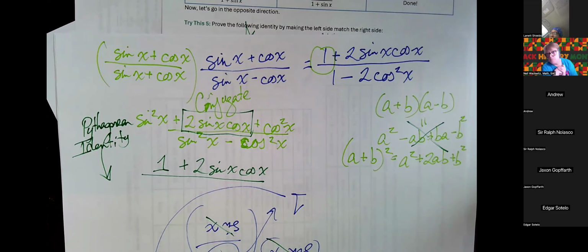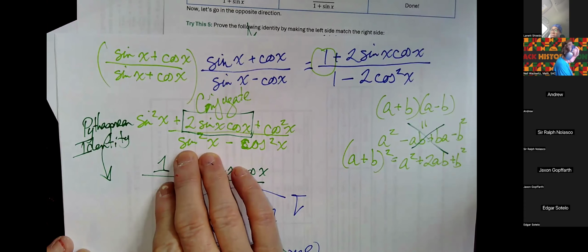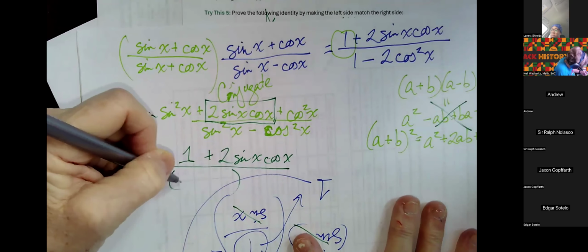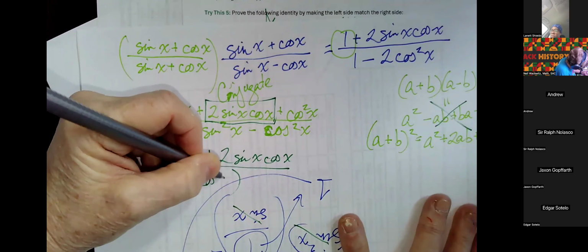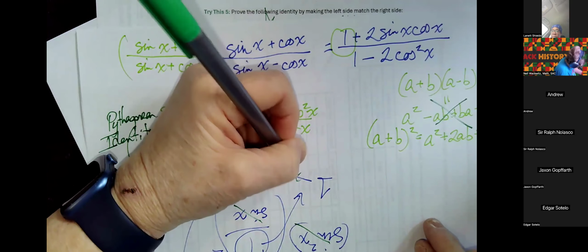So what do you think? Do we replace it with 1 minus cosine squared x? Good. Yeah. And we still have another negative cosine squared x.